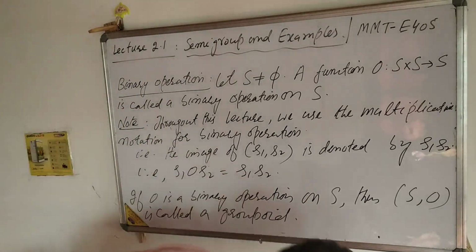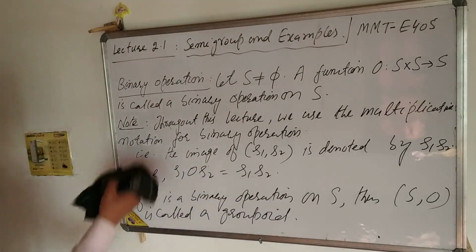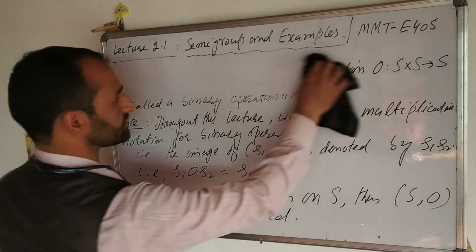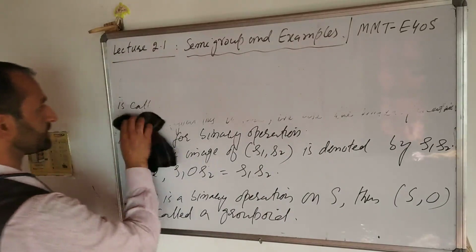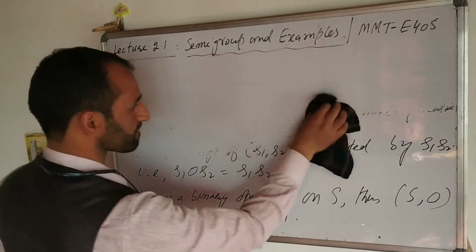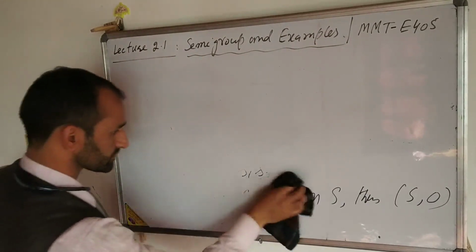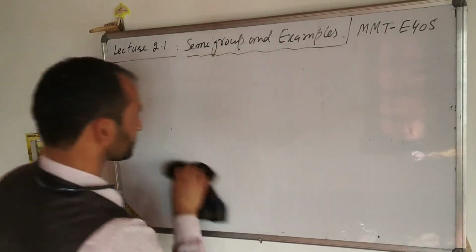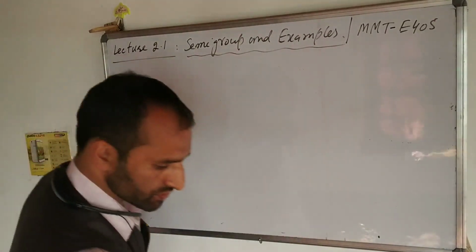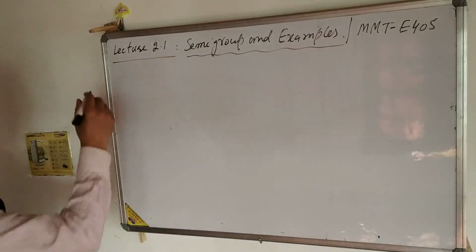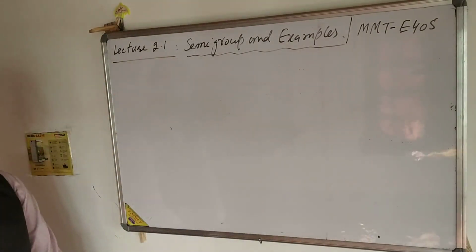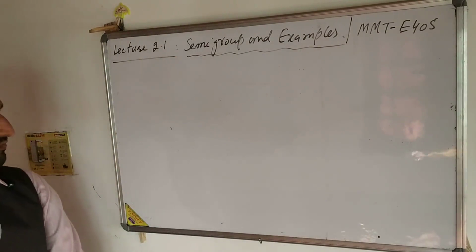So next we define a semigroup. A groupoid is said to be a semigroup if the binary operation is associative.